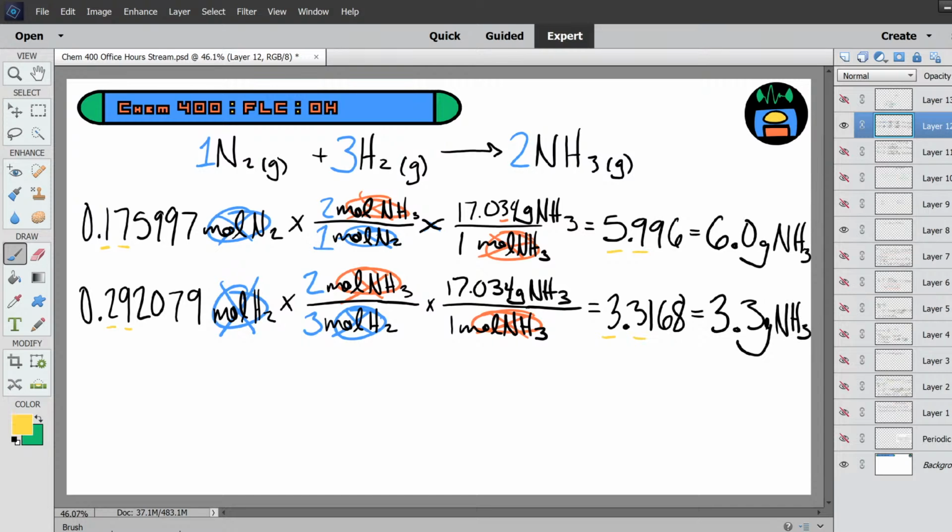And the thing is, in a limiting reactant scenario, we do the calculation for each quantity of starting material, and whichever one is smaller, that is our theoretical yield. Making hydrogen our limiting reactant. All right? So that is the answer to part B. Let's go ahead and take a look at part C.